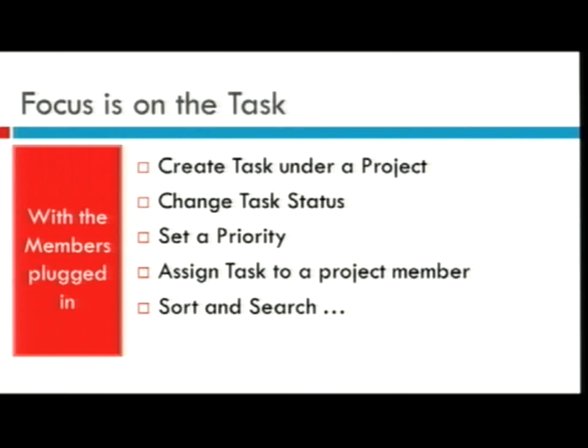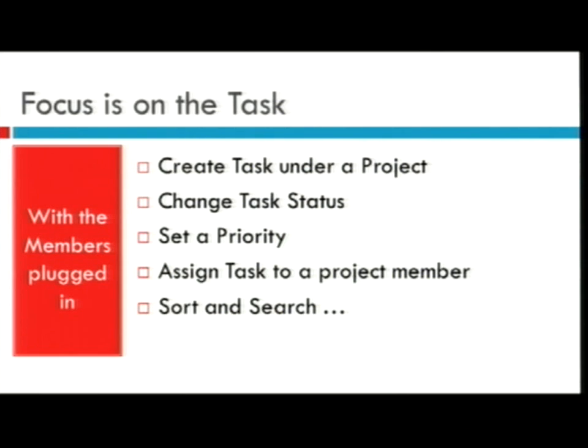So let's move on to the task view. Within a project, the focus is on the task. The basic functionality to create a task is very simple. Every task is under a project currently, and you have functionality to change the task status, set a priority, or assign the task to a project member.